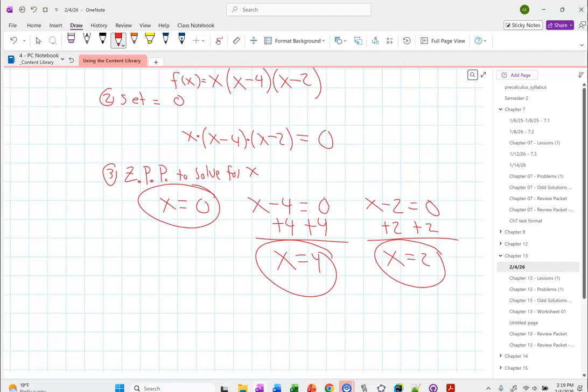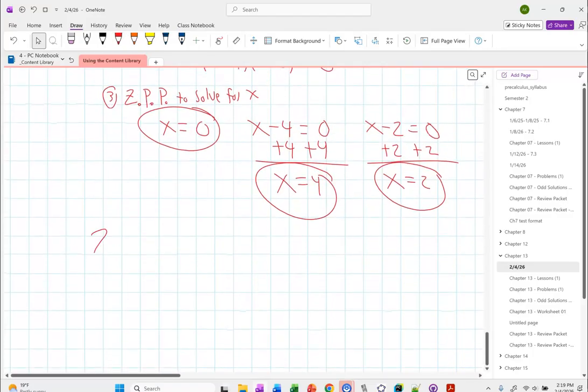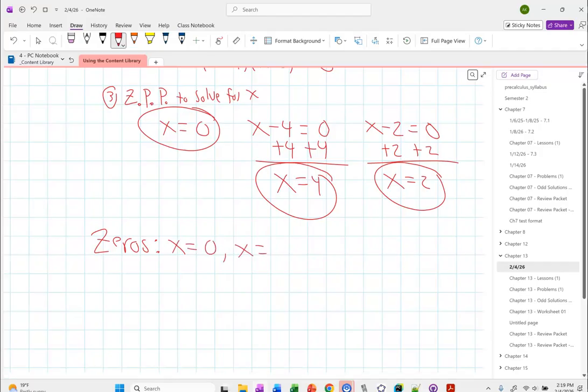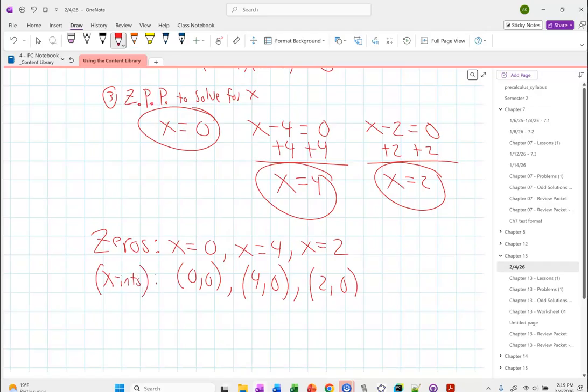So my zeros then are these, or if I wanted to, I could write them as points. That way they look more like x-intercepts. Could write it that way.